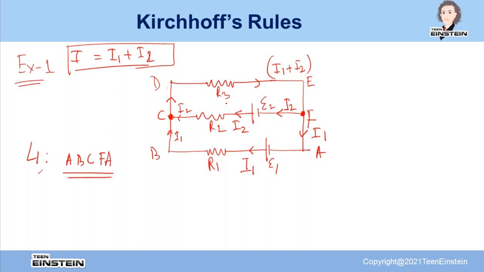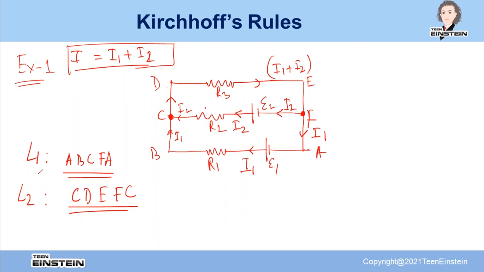While solving this kind of problem using Kirchhoff's rules or Kirchhoff's laws, you have to mark the loops for your convenience. Suppose I take one loop, this is L1, where I start from A to B and then come all the way like this.